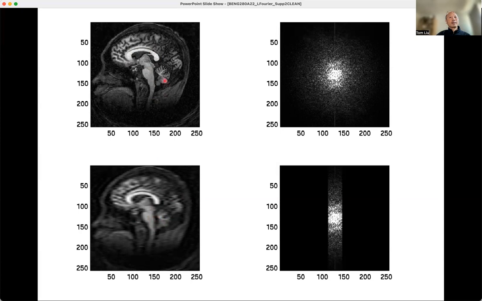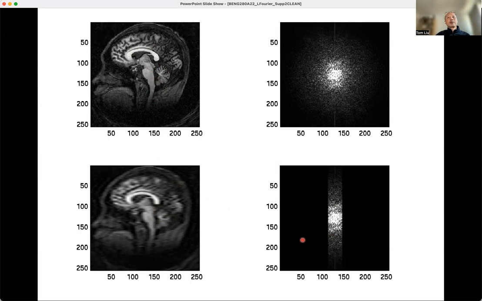Similarly, you see these really beautiful fine details moving along this direction, like these almost vertical lines in the cerebellum. They're basically gone here, because I don't have information to represent variations going along the x direction. I've also lost a lot of information for some of the diagonal elements.